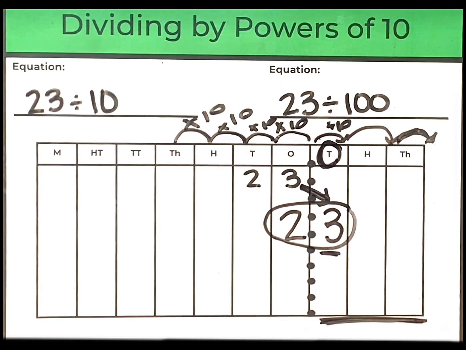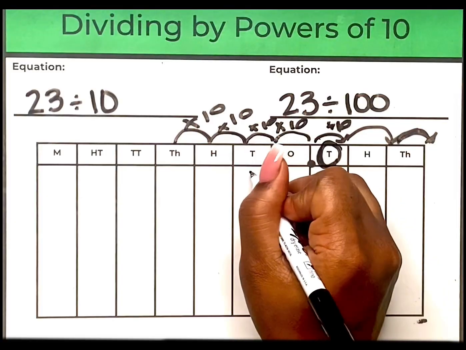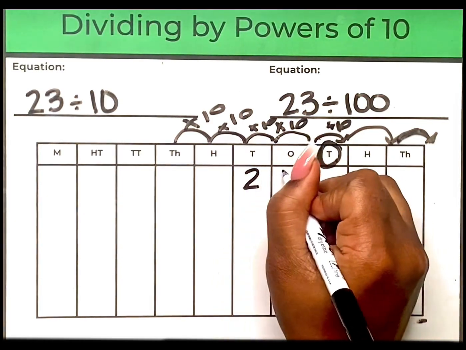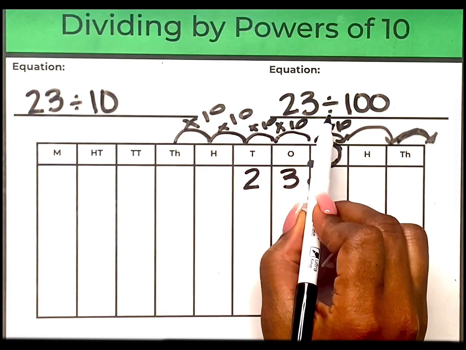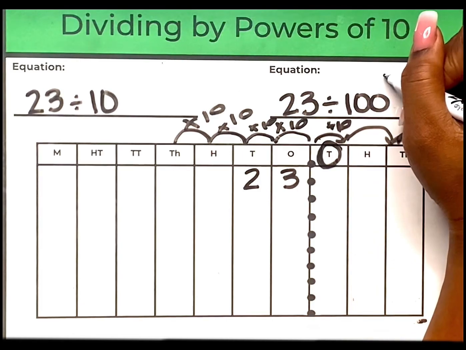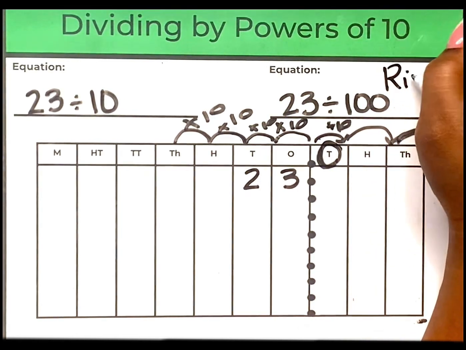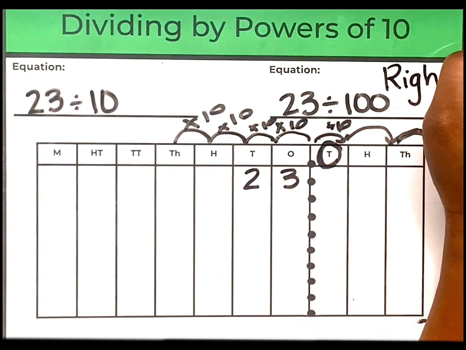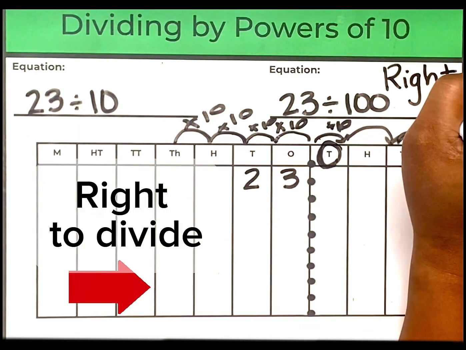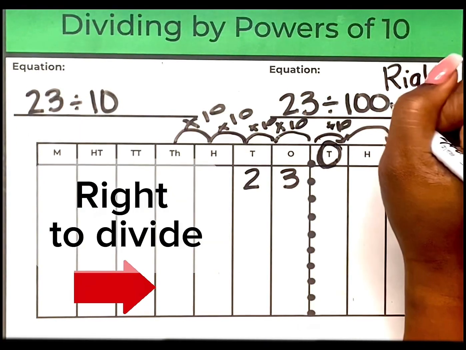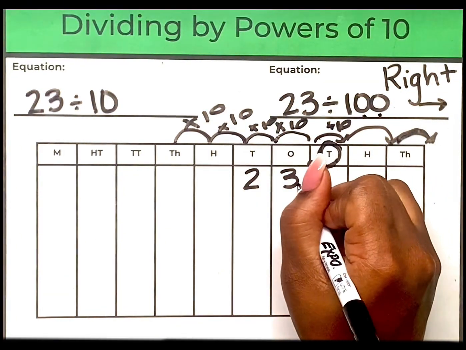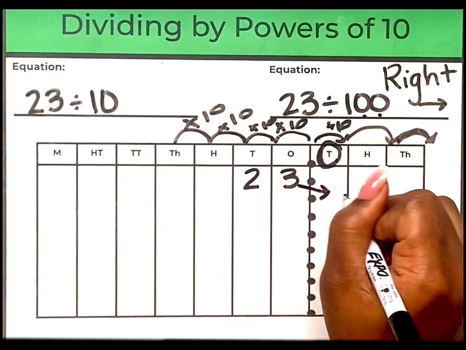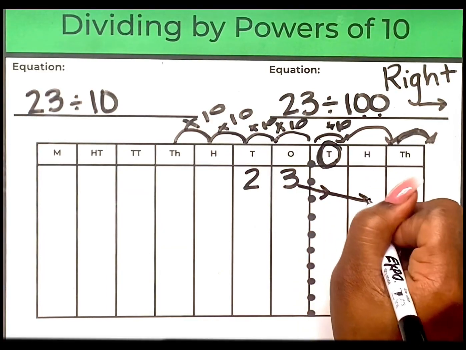Let's try another one. We're going to first put 23 in the chart, and we're going to go to the right. How many times? What do you think? If you said twice, you're correct. 1, 2.